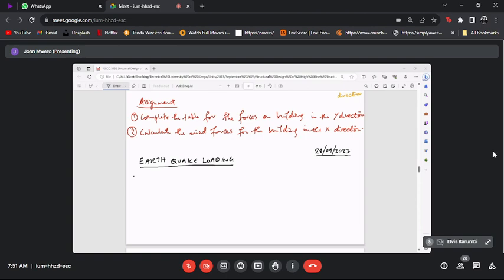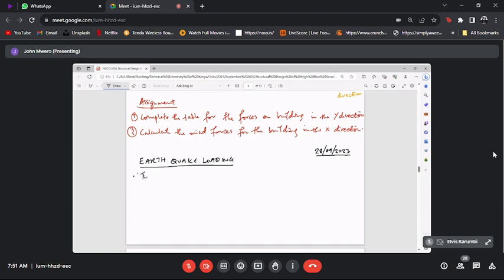We say the type of structure, etc. And in this unit, we will look slightly more into detail at these items. But generally, the way a building responds to earthquakes depends on the stiffness or flexibility of the building. Just as a general statement, let's put it down.